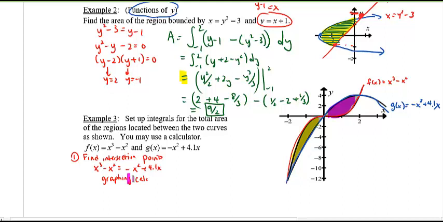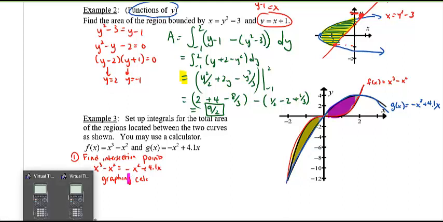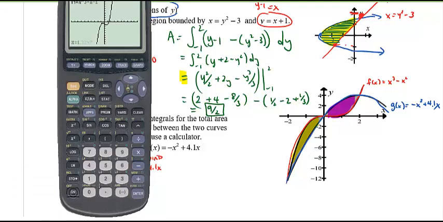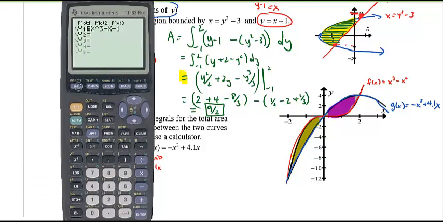I think life will be a lot easier than using algebra. Hello, graphing calculator. Our 2 functions this time: x cubed minus x squared, and then, oh yes, negative x squared plus 4.1x. Graph.